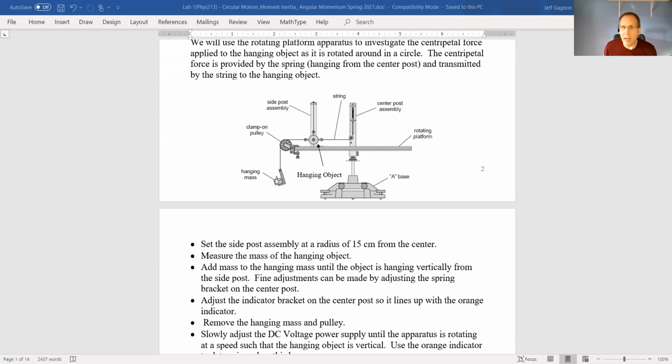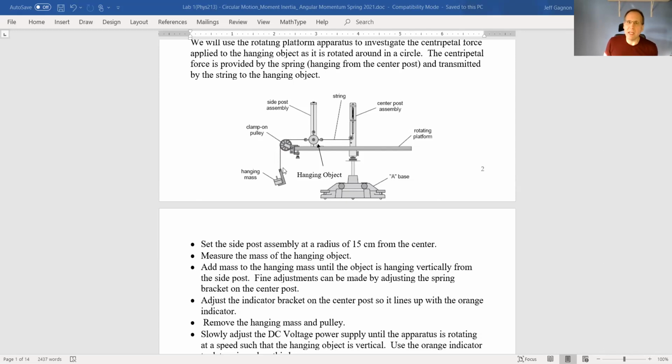And then I put weights on the hanging mass such that this hanging object is completely vertical. It's just hanging vertically. So now we know that the tension on this side must equal the tension on this side. And I can easily calculate the tension on this side because the pulley here just redistributes that tension. So the tension pulling up, right, is the same as the tension pulling out.